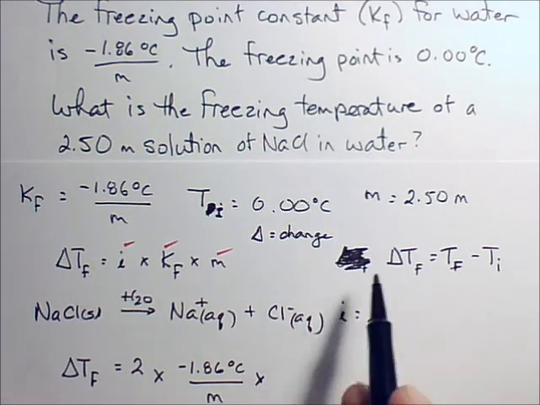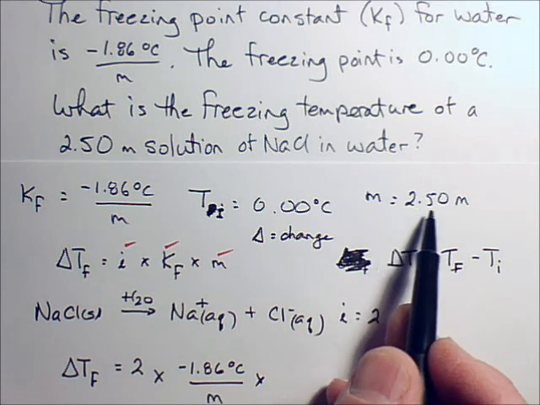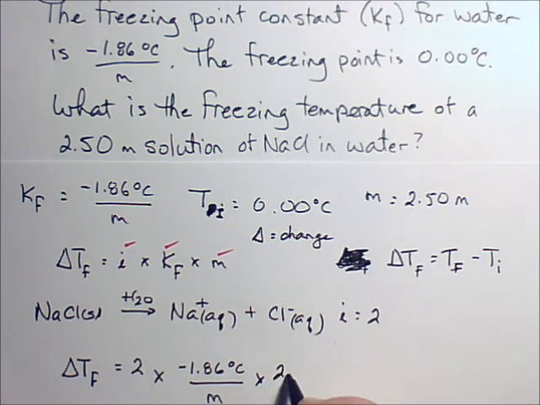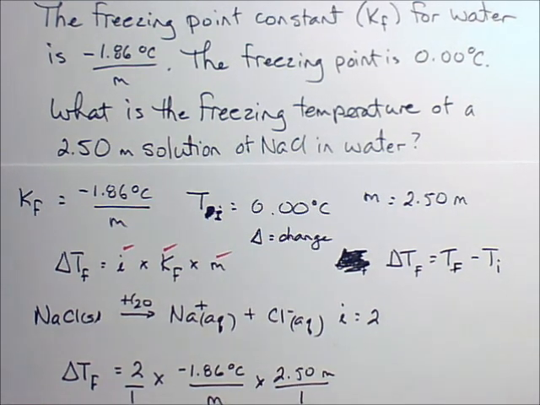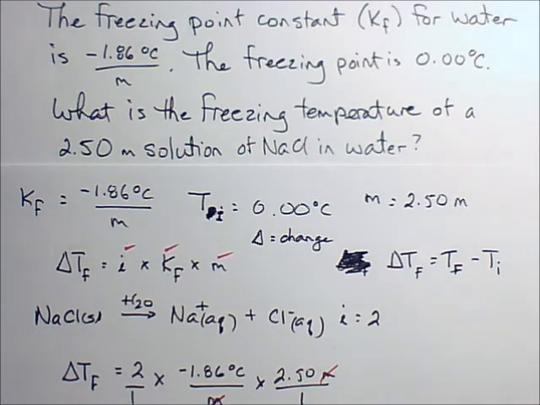And then times m, the molar concentration, 2.50 m. We can arrange our fractions so that molal, the concentration unit, cancels out, and we can find the change in temperature.